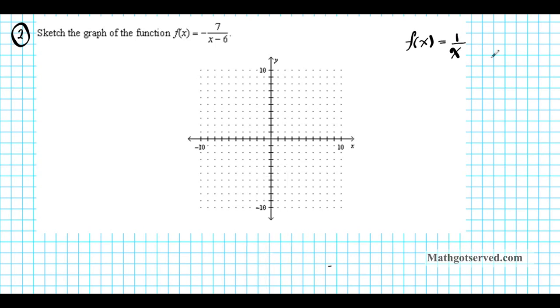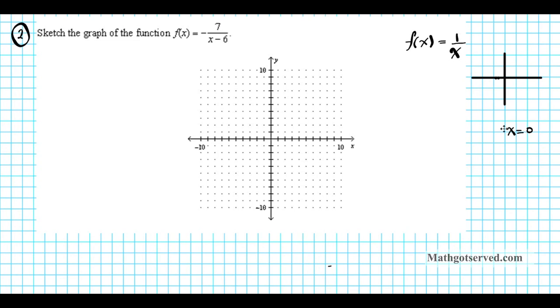First of all, we can clearly see that the vertical asymptote is going to be 0, so let me create my coordinate system here. There goes my x-axis and my y-axis. For the parent rational function, f of x equals 1 over x, the vertical asymptote is equal to 0 because you set the denominator x equals 0, and then it's already solved.